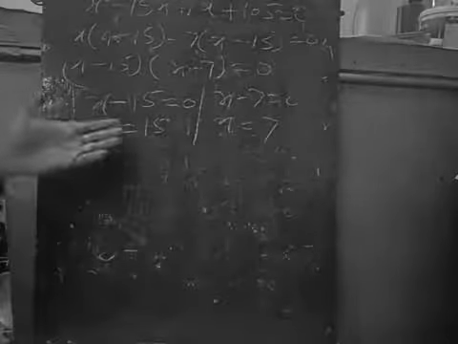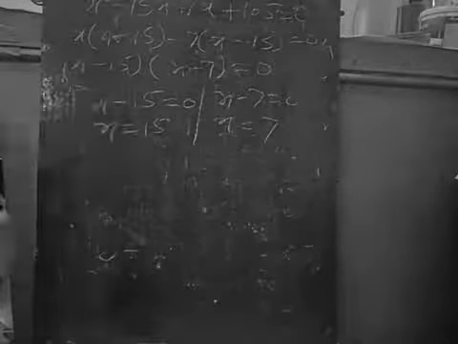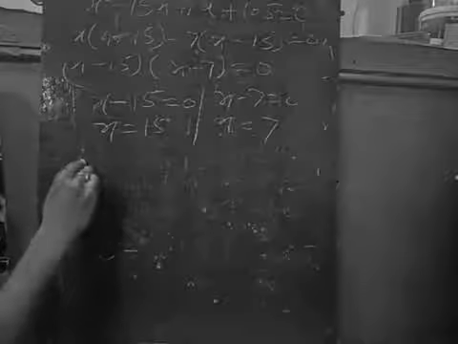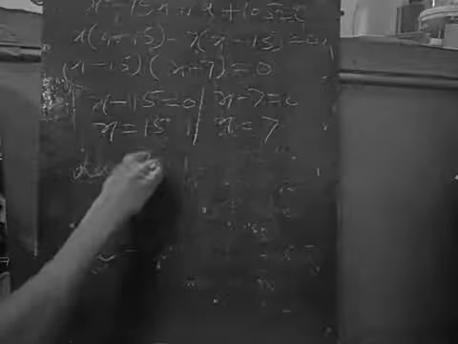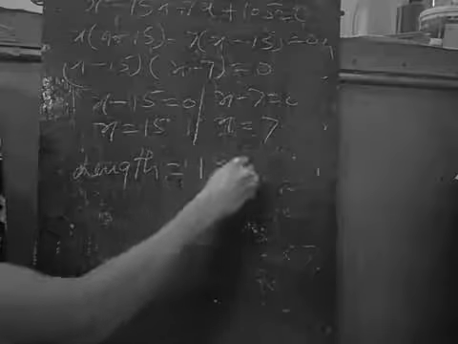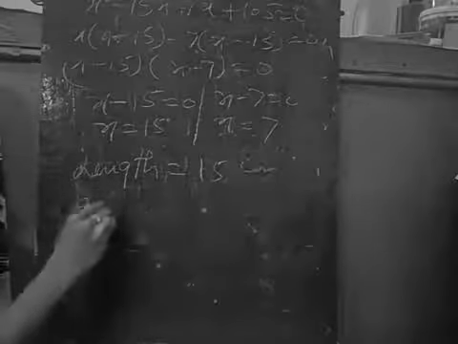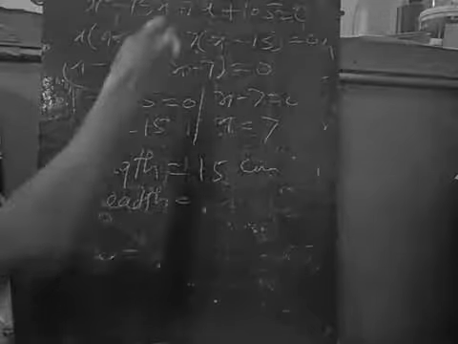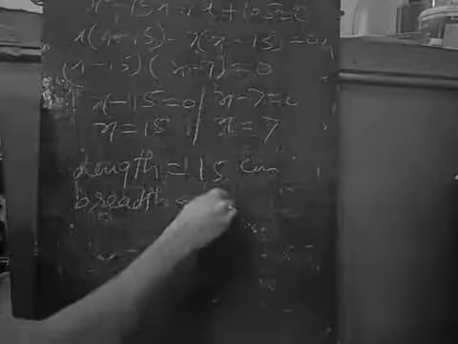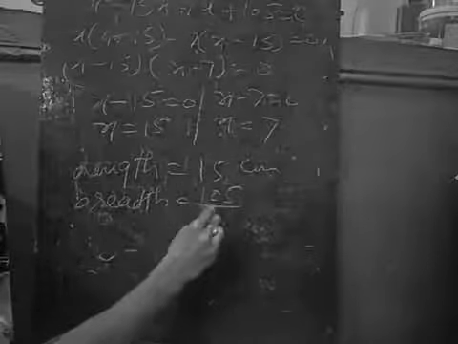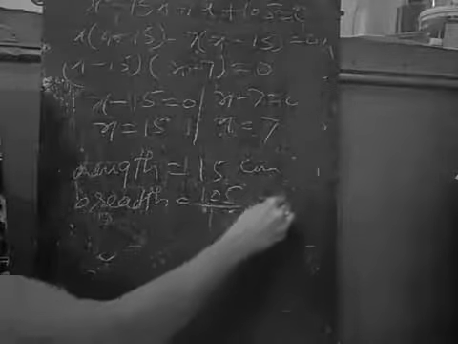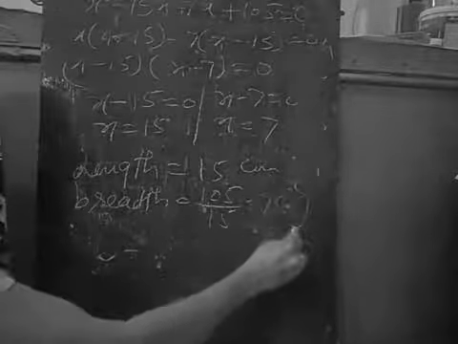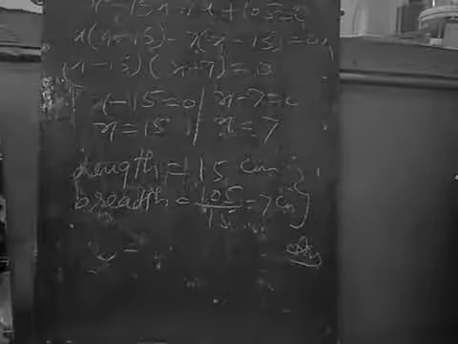The longer one can be taken as the length, so length equals 15 cm, and breadth, that is 105 upon 15, equals 7 cm. So we have got both length and breadth.